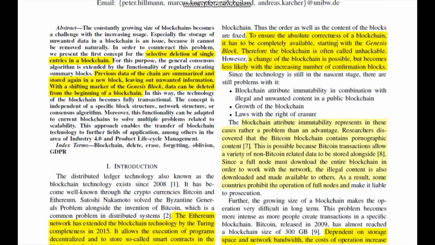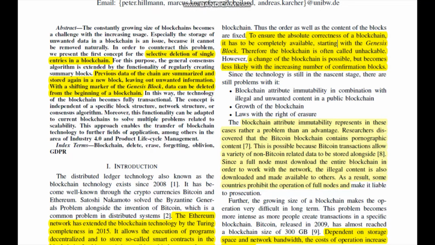However, a change in blockchain is possible but becomes less likely with the increasing number of confirmed blocks. So we can say that the more the length of the blockchain, the less possible it is to change something in it, because if there are fewer blocks, you just have to change something in one block.